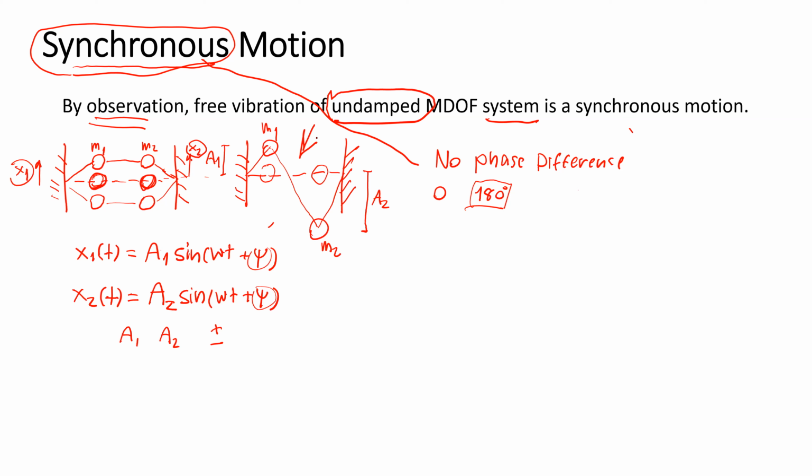One is positive, one is negative, but the phase angle is the same and the frequency is the same. Here is the meaning of synchronous motion. Instead of writing in the form of a sine function, it's also true to write it in terms of a complex exponential.